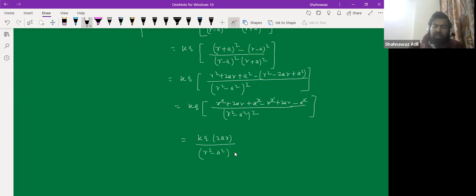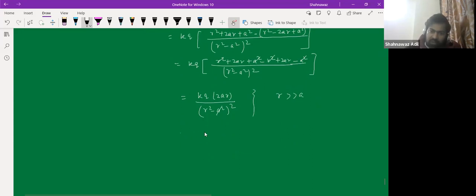Now we can put the approximation of our dipole. We know that A is very small, R is very much greater than A. So we can ignore this part, and then we will get KQ 4AR divided by R to the power 4. This R will cancel.